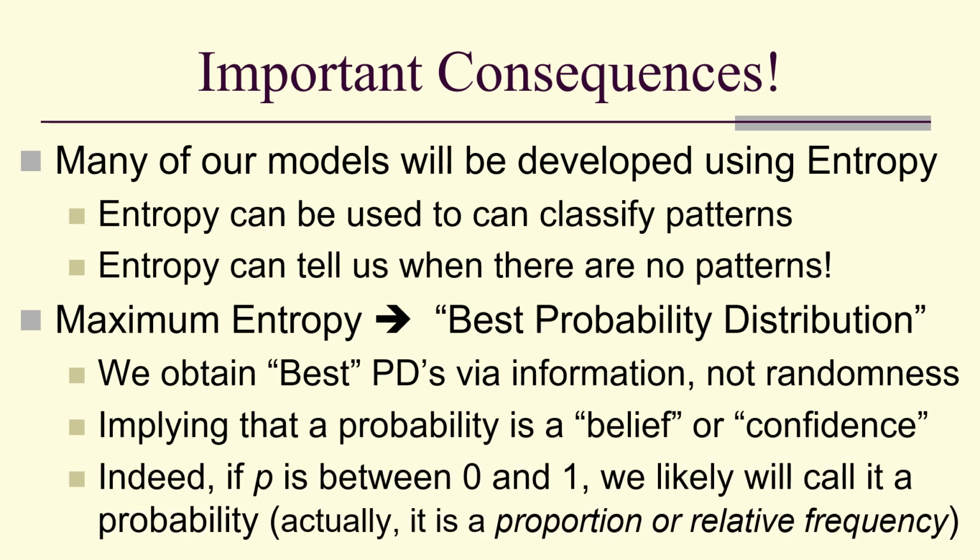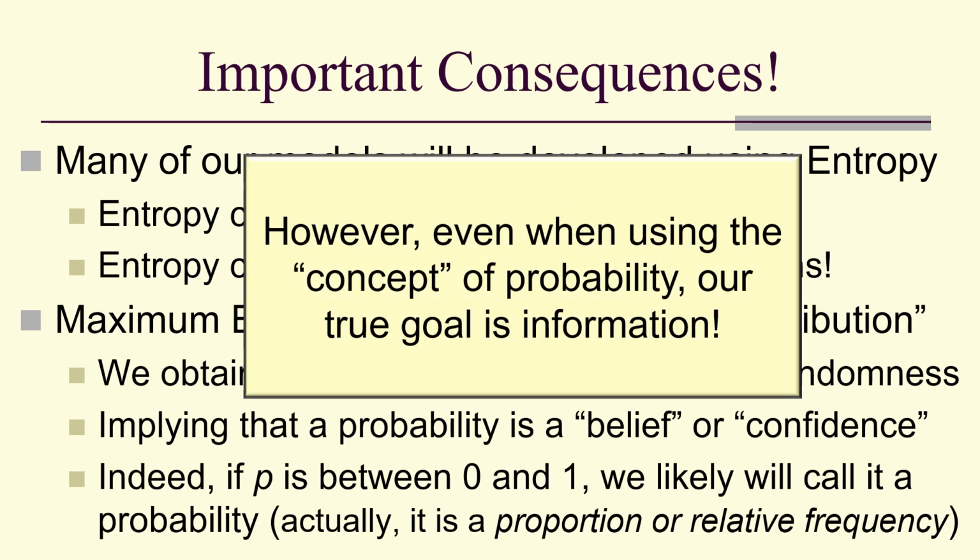In fact, any number between 0 and 1 that we encounter, we're likely going to call a probability, even if it's a proportion or a relative frequency. But even when using the concept of probability, just keep in mind our true goal in context is information.